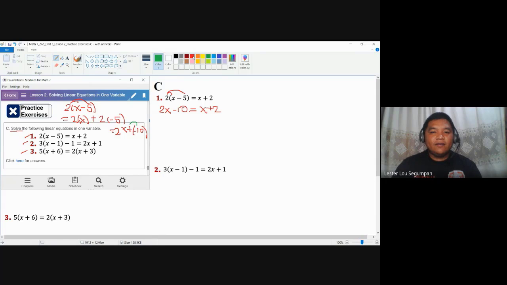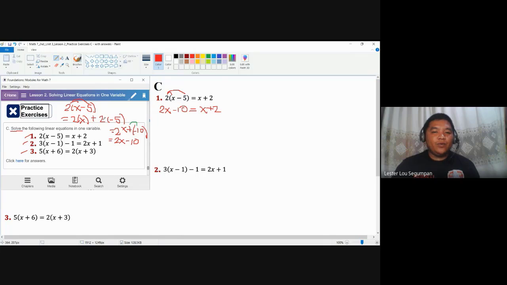Positive times negative will become negative. That's why you have 2x minus 10. So this is actually the basic process when we multiply a monomial to a binomial. So you can just simply take charge of that for the next items. We're going to proceed with this right now.